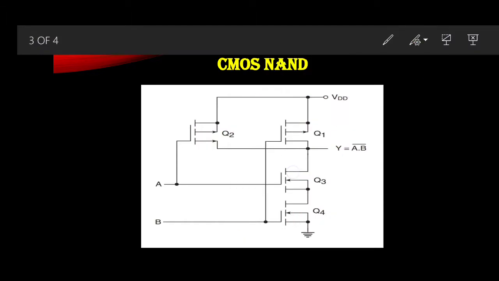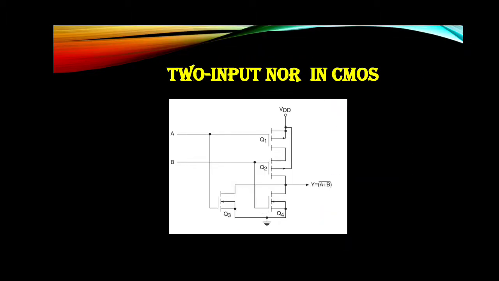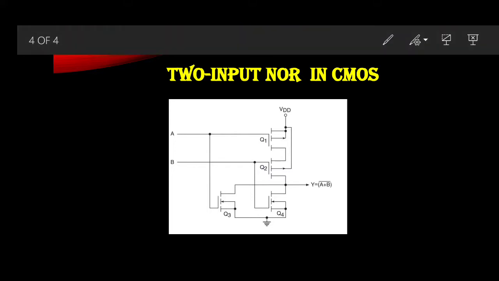Now the next is the two input NOR gate. Now we will discuss the NOR gate. You can see in the figure the basic circuit implementation of a two input NOR. There are two P channel MOSFETs, Q1 and Q2, which you can identify by the arrow, and the two N channel MOSFETs are Q3 and Q4.